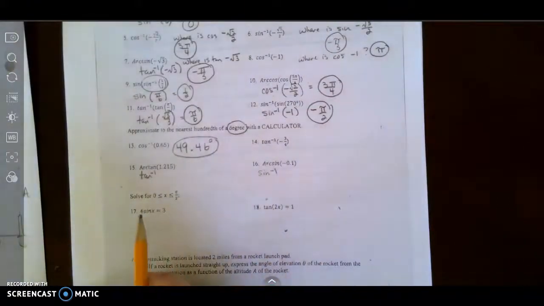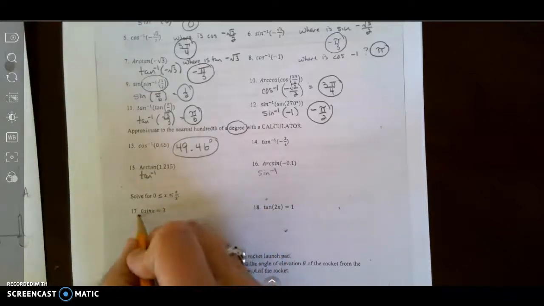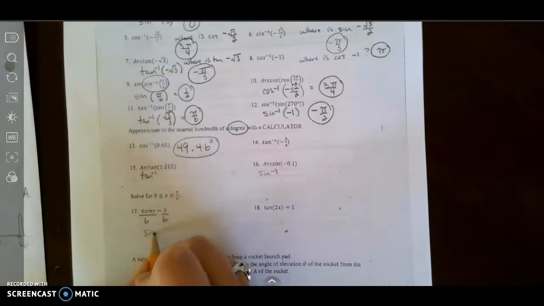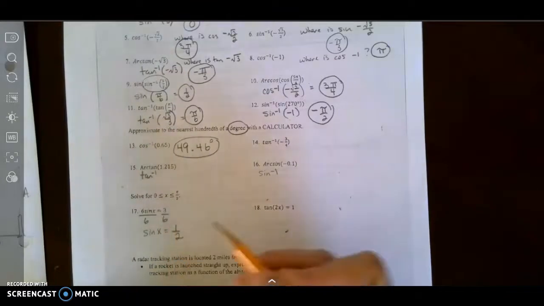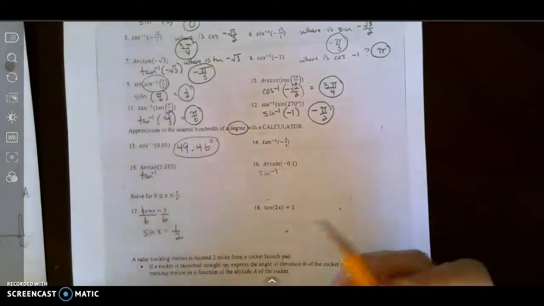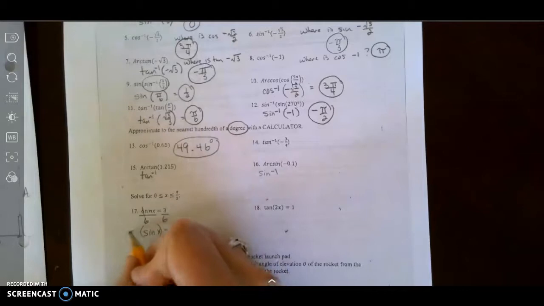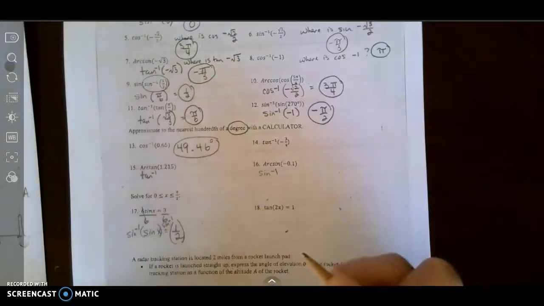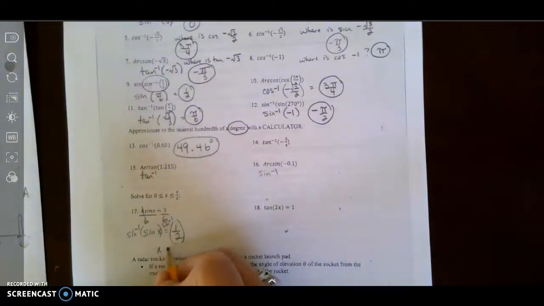So let's see, got to solve for this. Got to get x by itself, so I'm going to divide both sides by 6. Sine of x equals 1/2, because 3/6 is 1/2. Take the inverse. And I get inverse sine of 1/2.